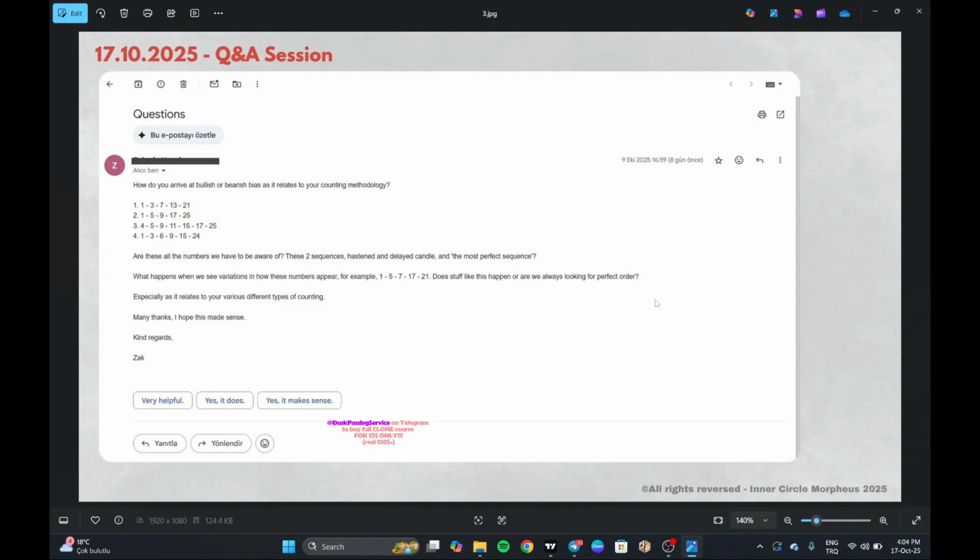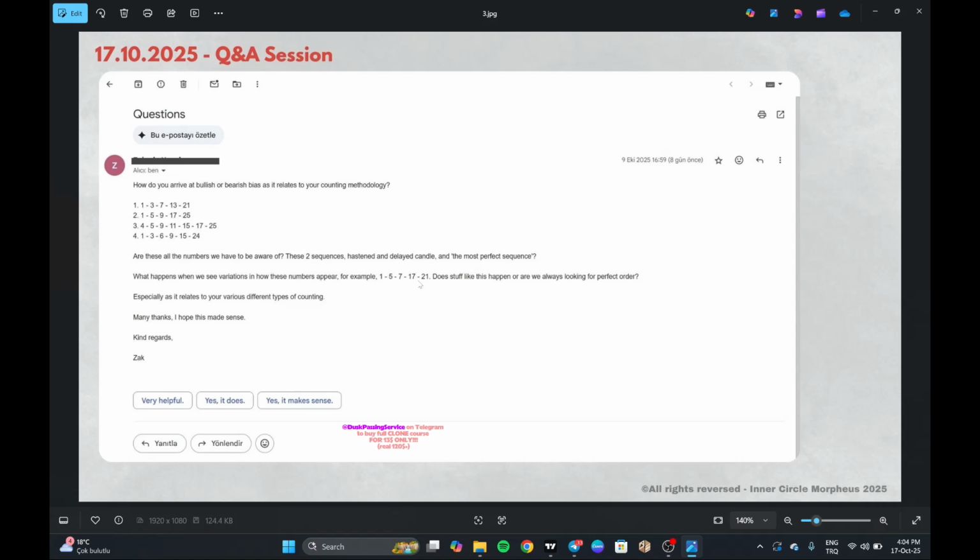So you can easily take trades in and out, taking day trade scalps in and out easily when every order is perfect. Sorry, like in the first and second one, not like this, because this is not perfect. As you see, it's not 25, it's 21 here. So there's a delaying or hastening phenomenon happening here.